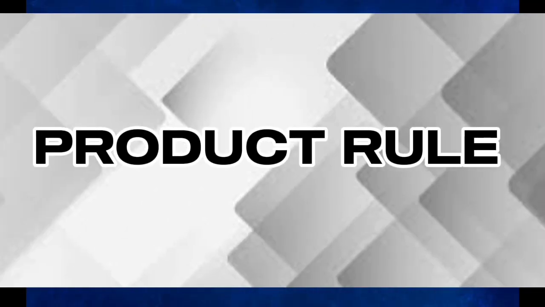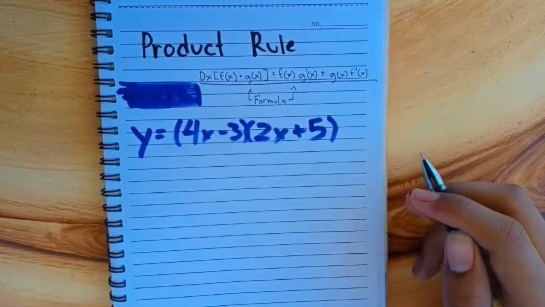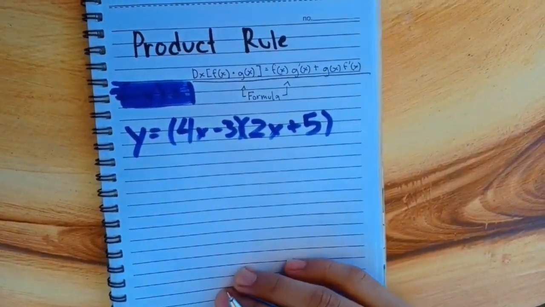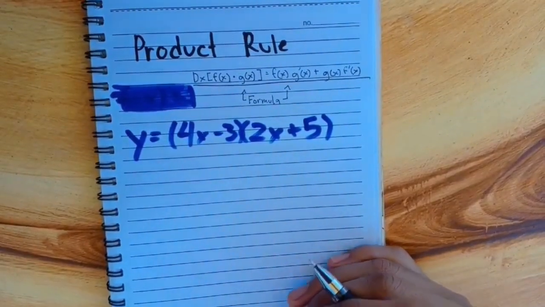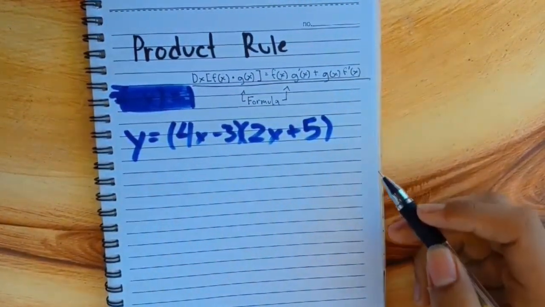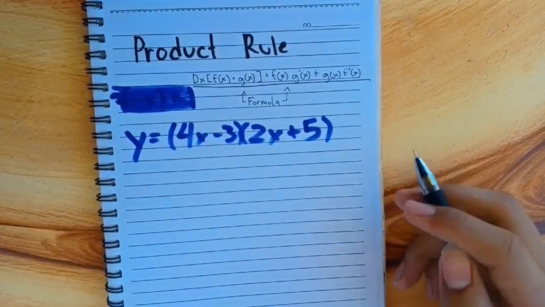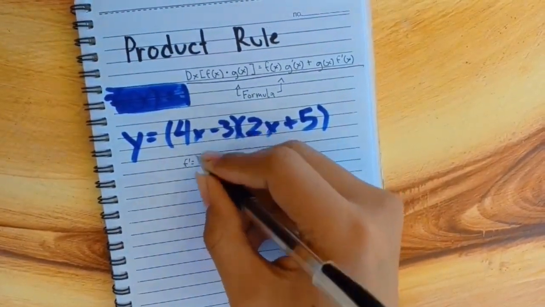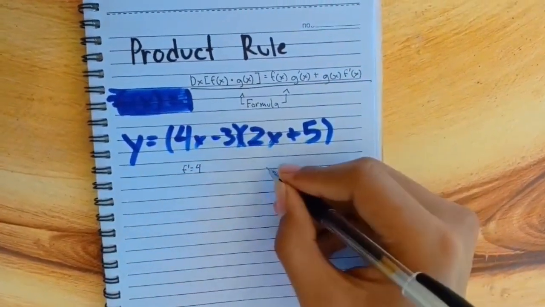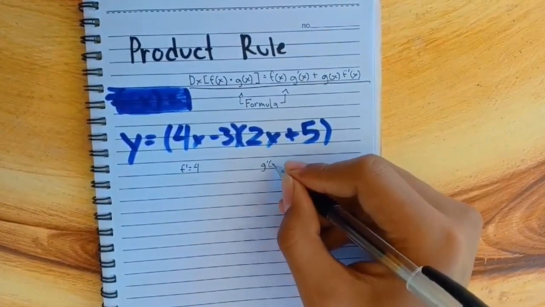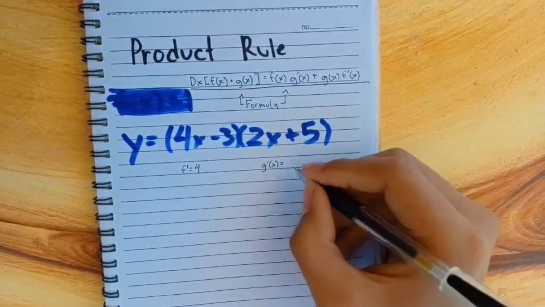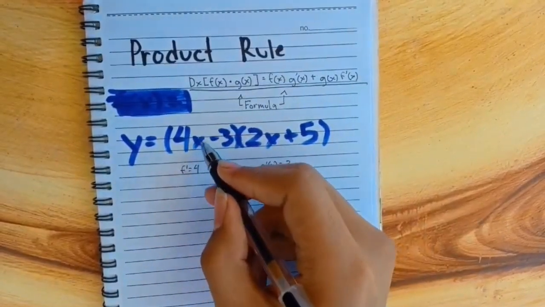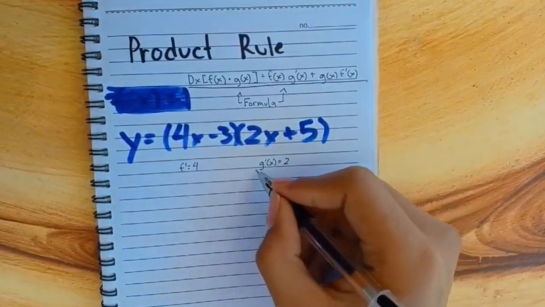Next is the product rule. Now let us tackle the product rule. First, we need to get the f prime and the g prime of the given problem. Now the f prime is 4, and the g prime is 2, as these two are constant, and we just remove the x to get the derivatives.